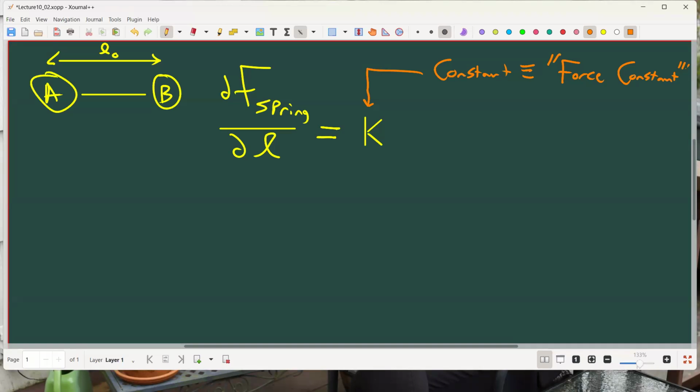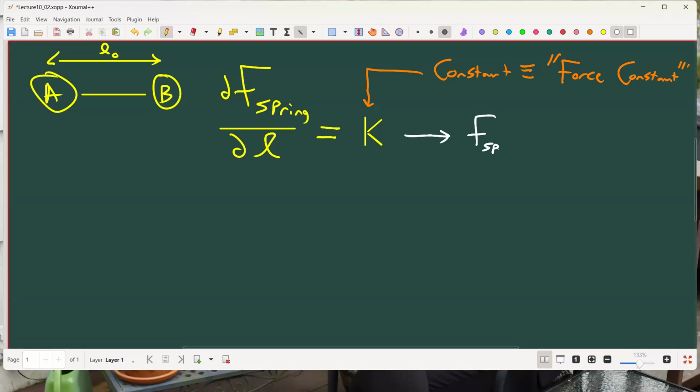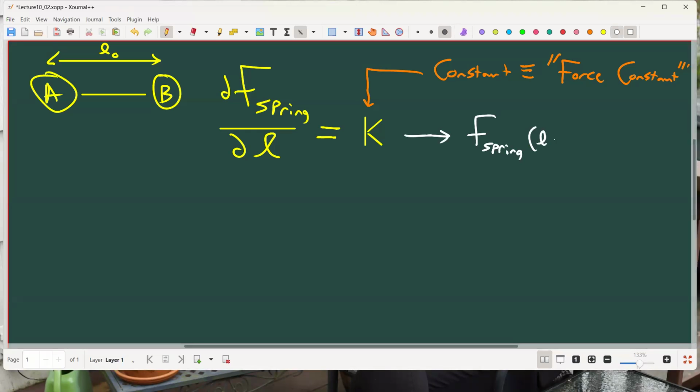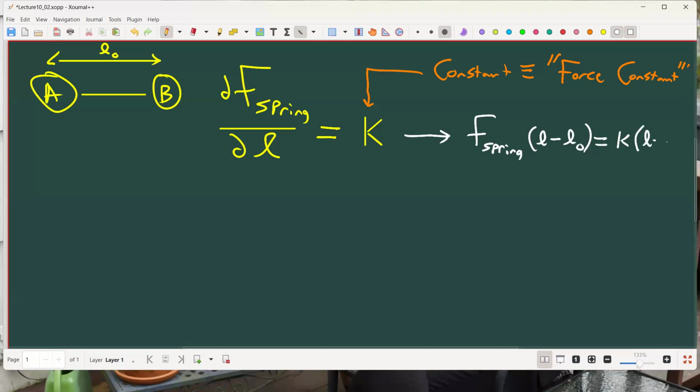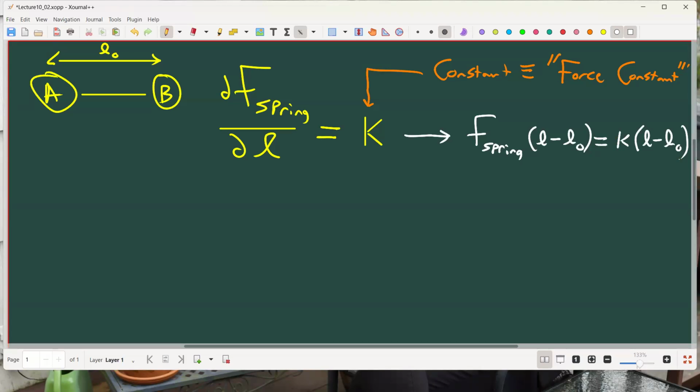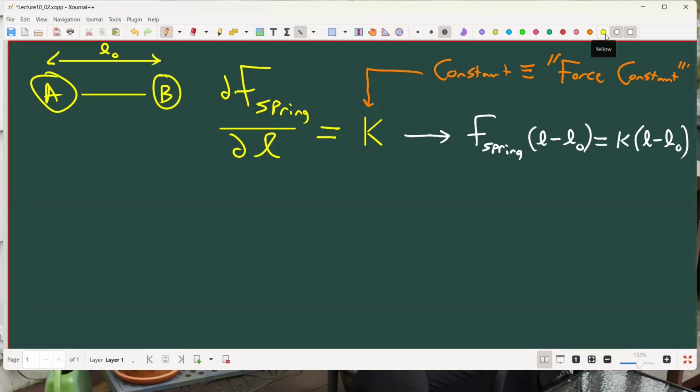And of course, what this means is that when I integrate both sides, the force acting on the spring as a function of L minus L naught is just K times L minus L naught. So it's just a linear function of that.